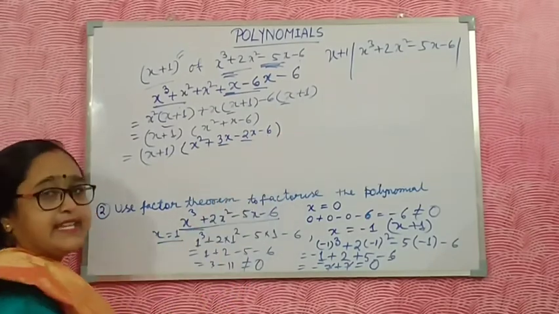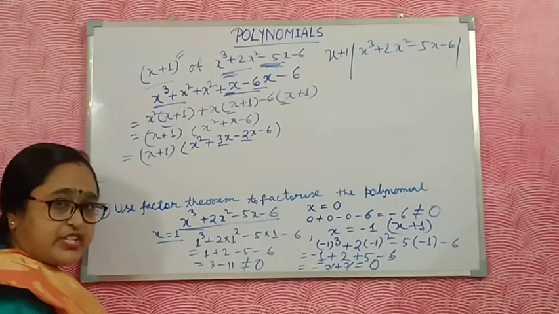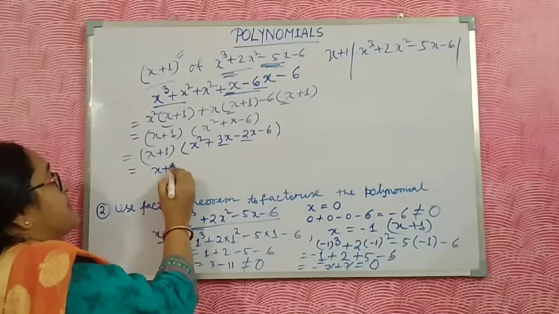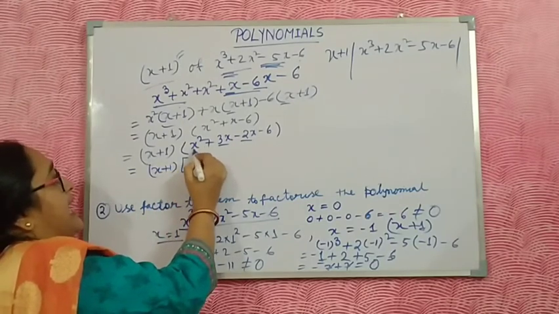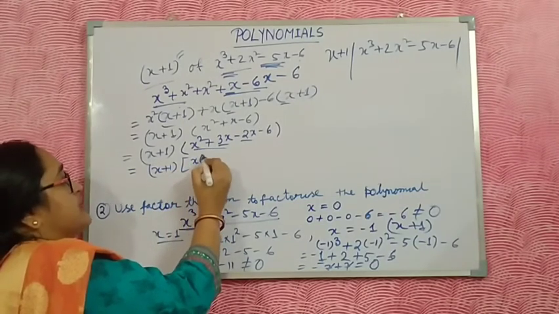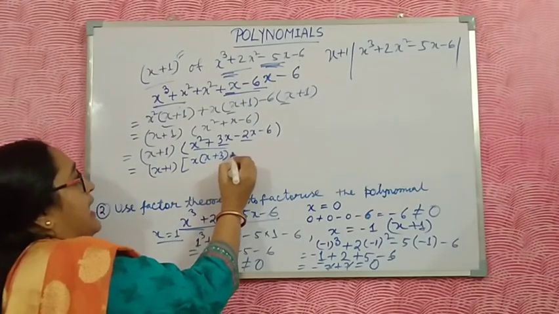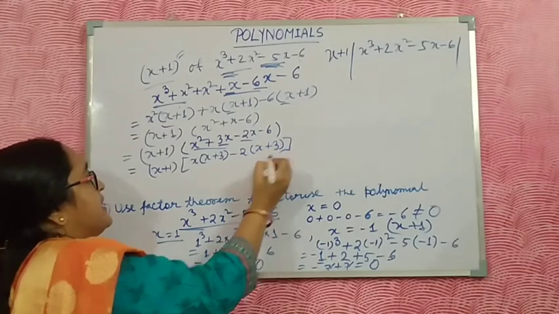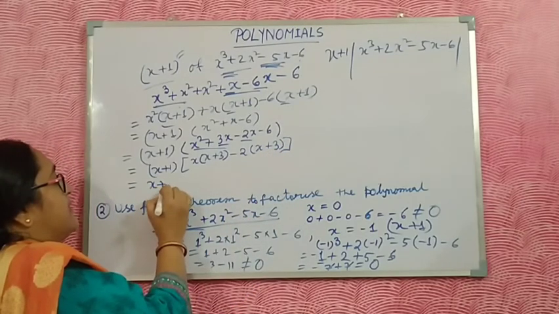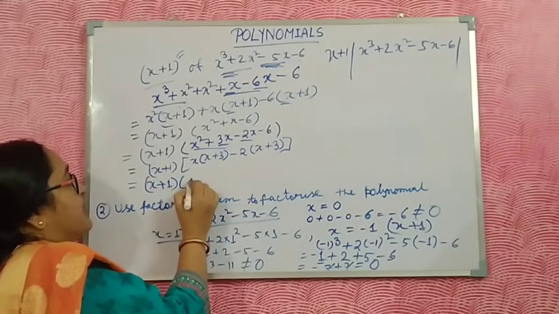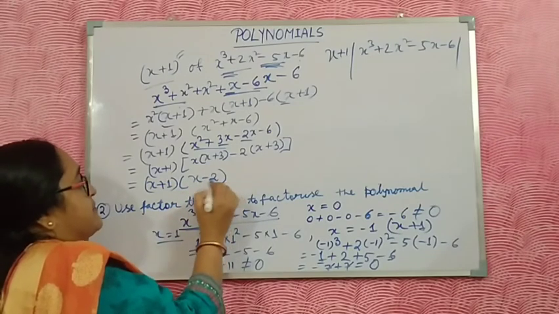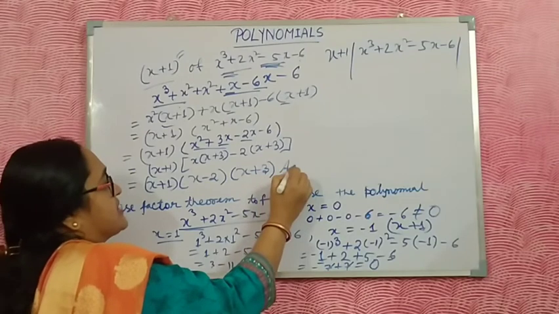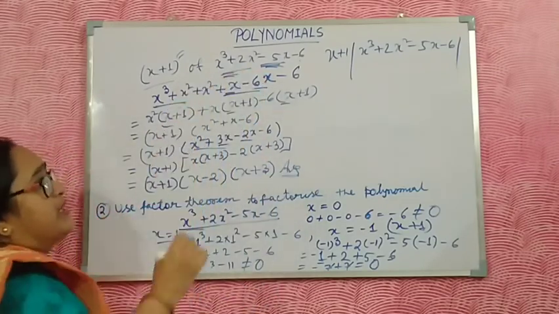If you do the factorization, then x is 3 times 2. Then x plus 1 is one factor, and you take common x from these two terms, x plus 3, and then take minus 2, that is also x plus 3. Then the total factors of the polynomial are x plus 1, x minus 2 and x plus 3. This is the answer for this polynomial.